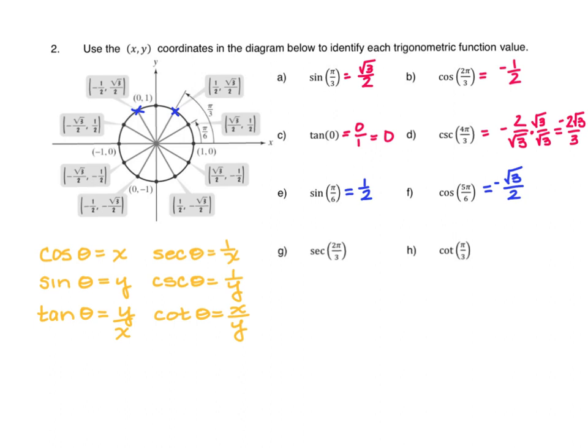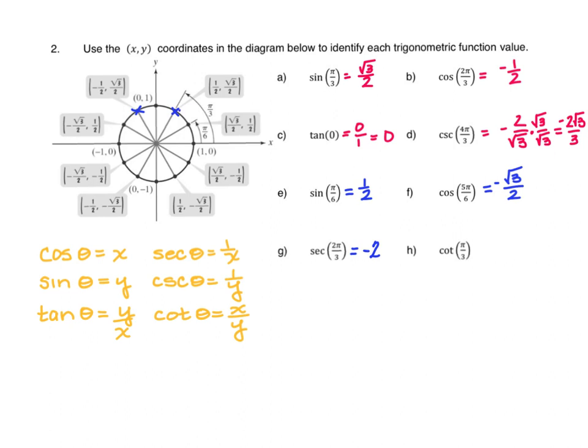And we see that the cosine is the x value, which is negative 1/2. Now we'll still have the negative sign, but we're going to invert that, and it's going to be 2 over 1. But I can just write that as negative 2. I can drop the 1 on the bottom, okay? So that's G.